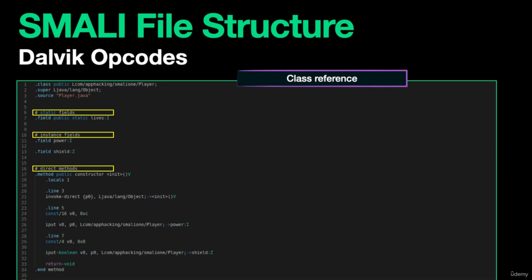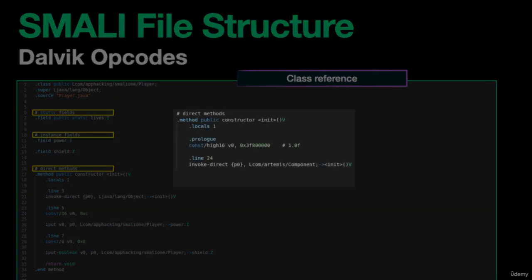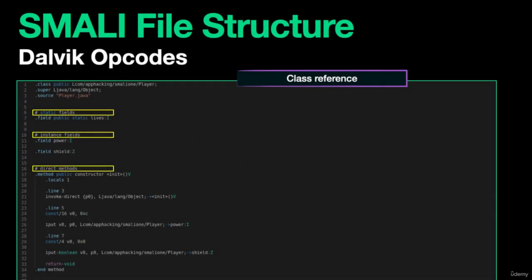This text has been created by the APK tool to support us in understanding the file structure. It is also being used to reference some values. For example, we have some hex values and directly behind them we have a decimal representation after a hashtag. This means the APK tool gives us some information about static fields, instance fields, private and virtual methods, and also tries to help us in converting hex into decimal values, which is pretty nice.